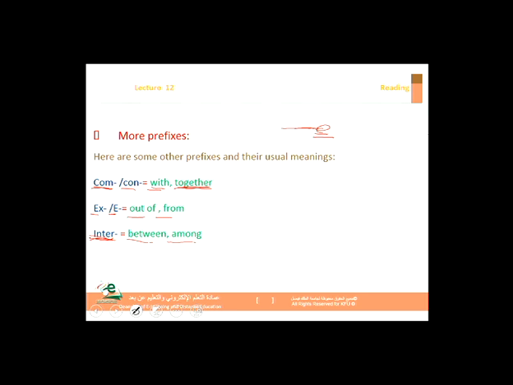Let's say continental, we add AL, and that makes it an adjective. That's a suffix. And then we add inter: intercontinental. So between or among continents.